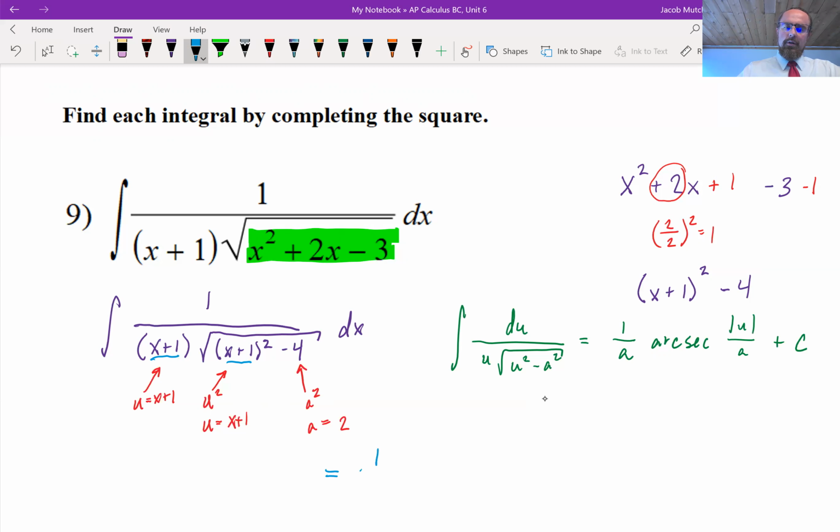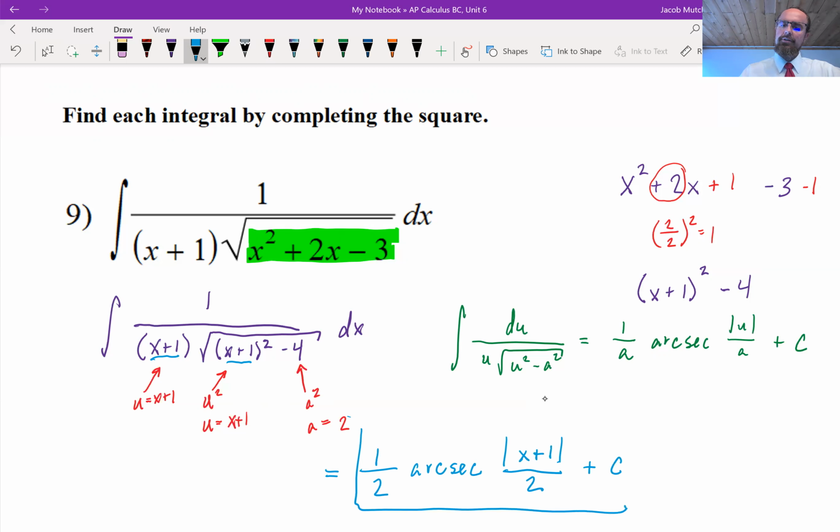So this is going to be 1 over a, or 1 over 2. We established that a equals 2. Arcsecant, inverse secant, of the absolute value of u, which is x plus 1, over again my 2, which is a, plus c. And that, again, completes the integration.